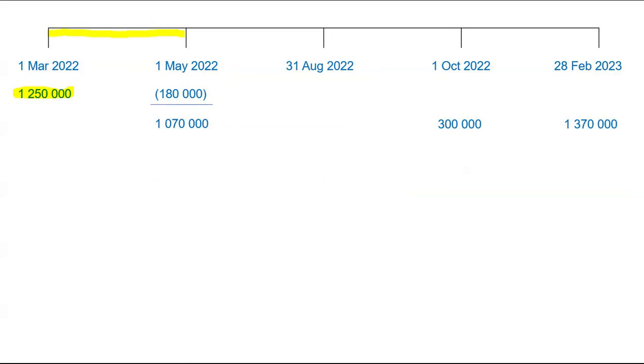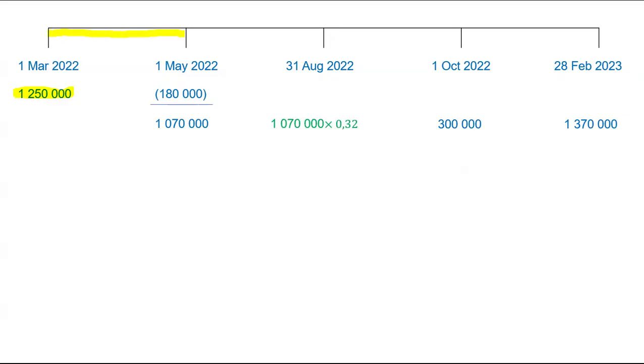So I'm just going to take those shares that were issued by the 31st of August, which is 1,070,000, and multiply it by 0.32. And that will give me my interim dividends.